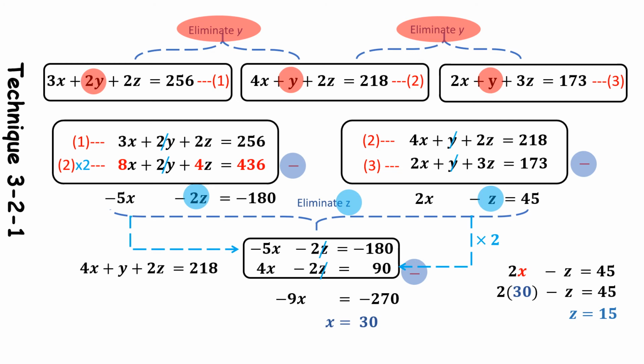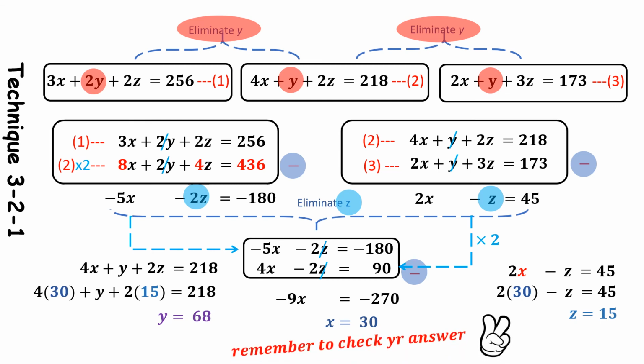Why do I take 2? Because the coefficient of y is 1. I do not need to divide towards the end, right? So these are the tips to make sure that you finish your work in a very fast mode. So I substitute the value of x and z into this equation. Then I solve. I shall get the value of y equals to 68, right?